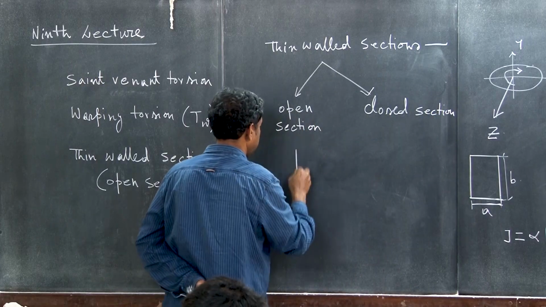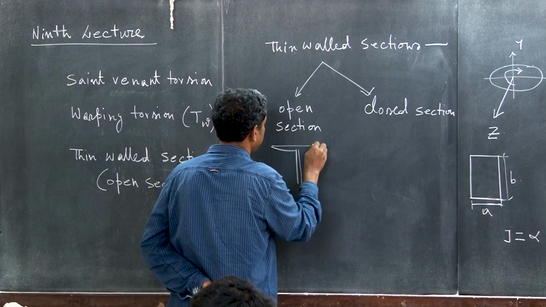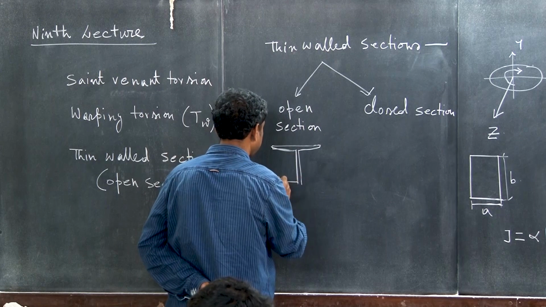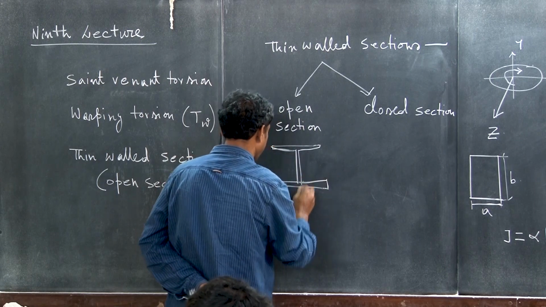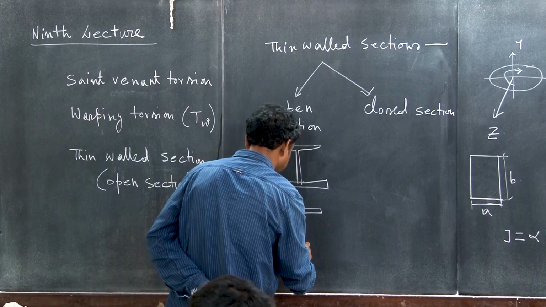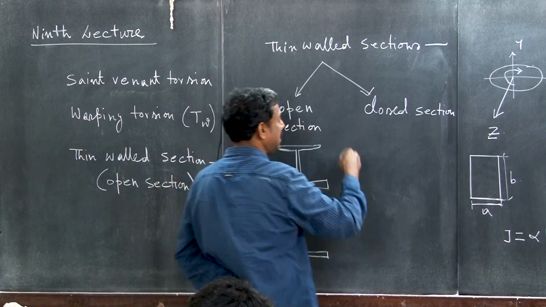So, what is an open section? An open section is maybe something like this. The I section is an open section, and maybe this angle or channel section is an open section because it is not closed, right? And what is a closed section?